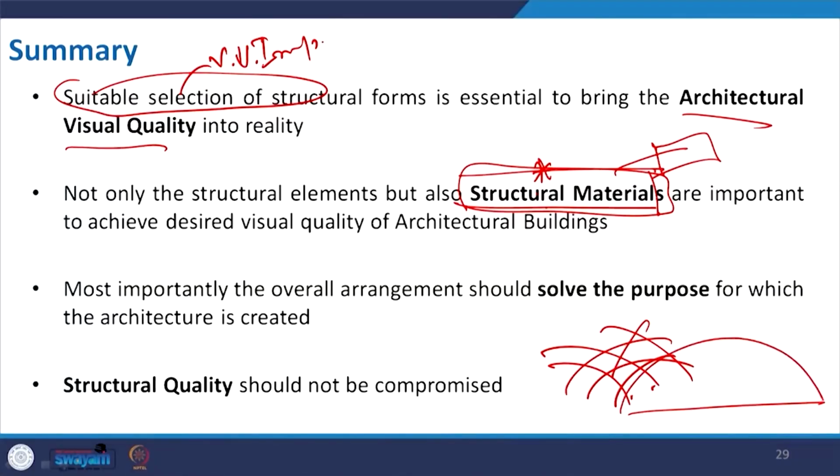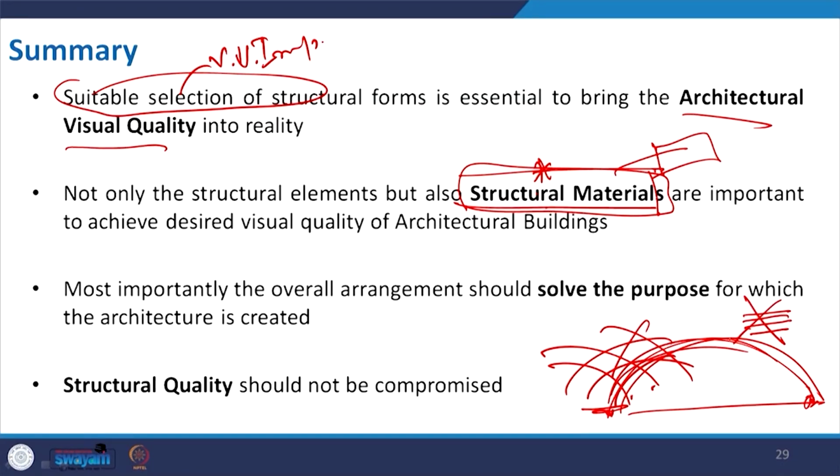When we think of quality, quality will definitely come, but before that it should solve the purpose. If the requirement is to create a column free area, then that is the constraint for us, and the options that are not to be used, we have to discard.